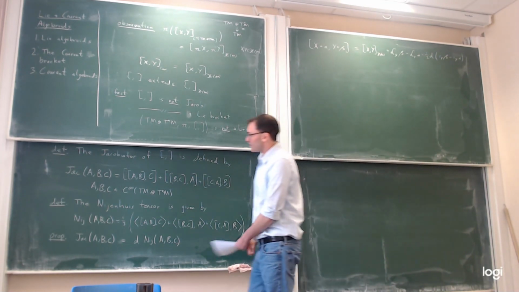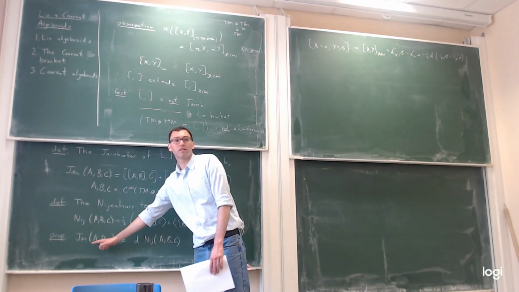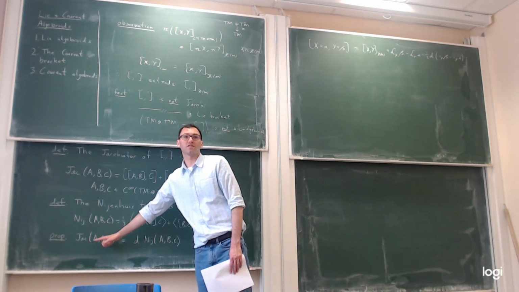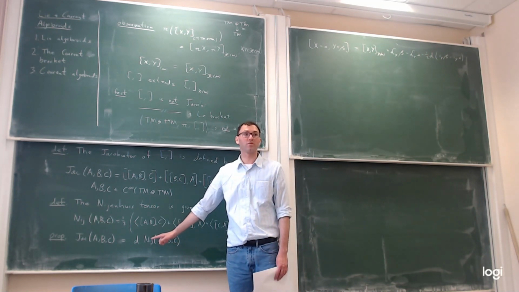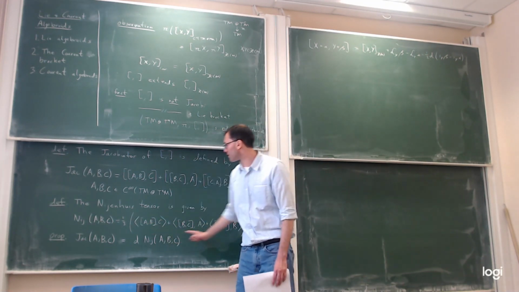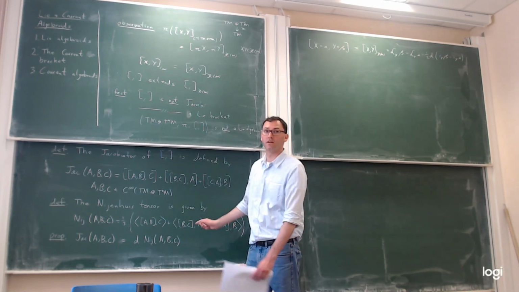We see that the extent to which the Courant bracket fails to satisfy the Jacobi property is exact. It's given by the exterior derivative of this expression here.